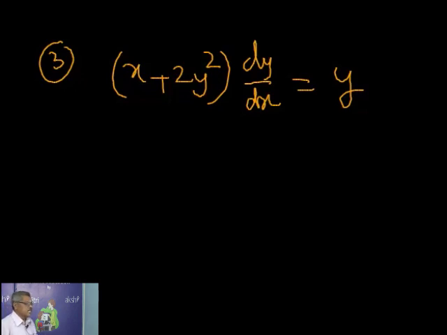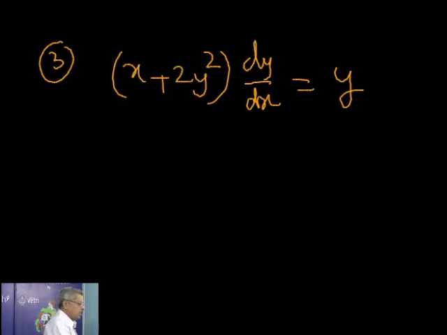If you treat this as a linear equation in y, you cannot, because if you divide by x plus 2y square, you cannot get p and q. You will be struggling to find a p and a q. To avoid that, it is possible for us to convert this into a linear equation in x.